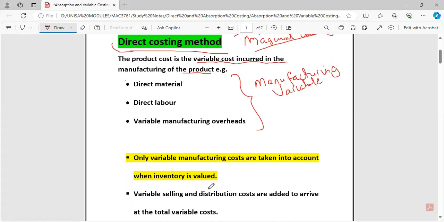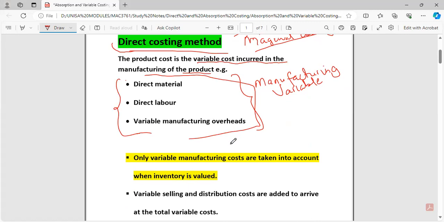The only difference is going to be when you do your inventory valuation. That's when you only use this part, which is the manufacturing cost of the product. But when you calculate your contribution, it means even those non-manufacturing costs, you are going to include them.